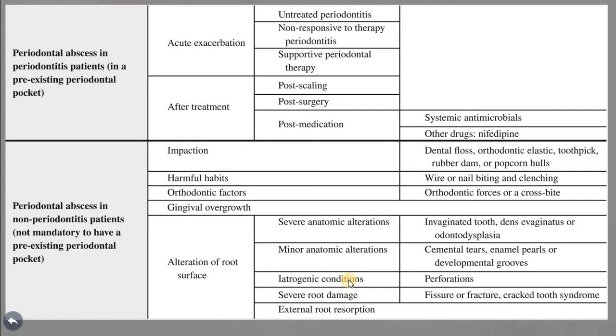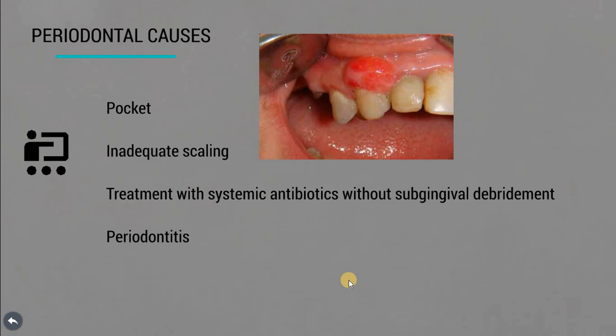Iatrogenic factors like perforation, doing a failed endo, perforating the root, will lead to formation of an abscess, or severe root damage, or external root resorption. All of these are part of non-periodontal-related periodontal abscess. So simply, if we have a pocket, inadequate scaling, treatment with systemic antibiotic without subgingival debridement, or periodontitis, these are the causes that will lead to periodontal abscess.